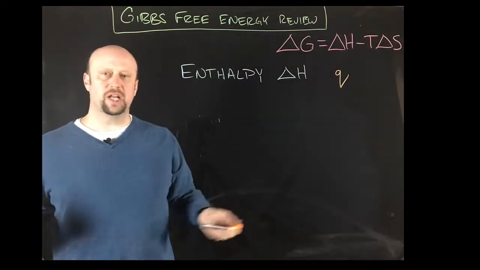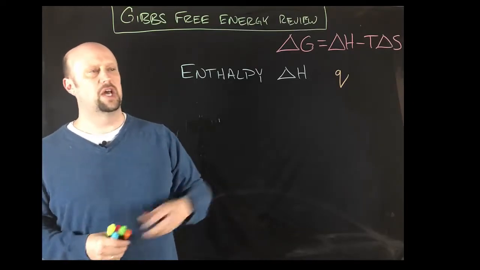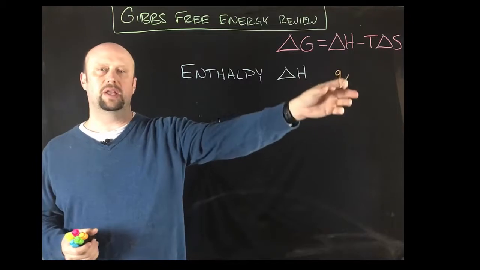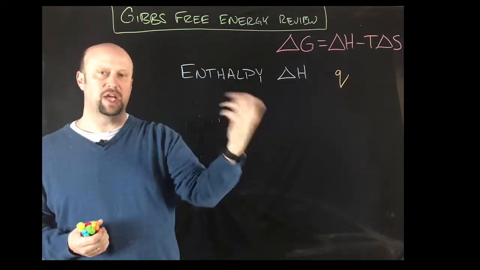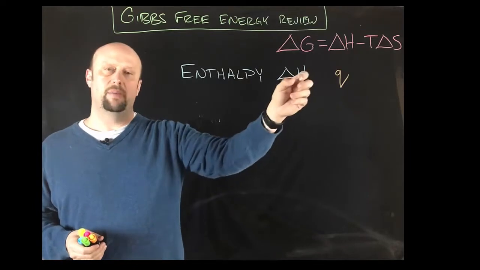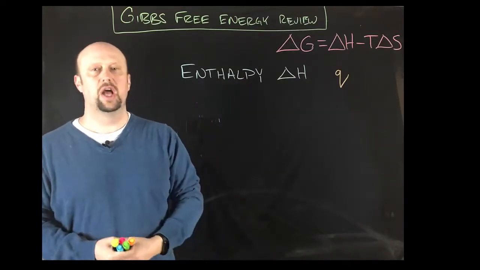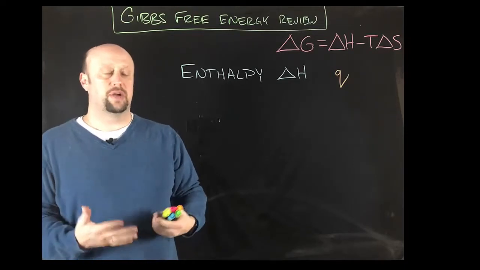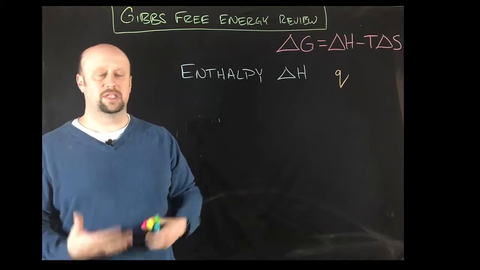For pretty much any of the purposes that you'll be doing until you get up into your higher level college classes, you can essentially treat enthalpy and heat the same way. The technical difference is that enthalpy is heat if a process is carried out at constant pressure. For organic chemists, and really for a lot of chemists, the pressure is constant most of the time.